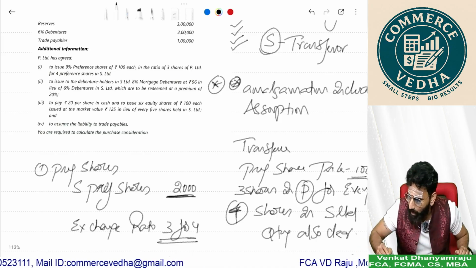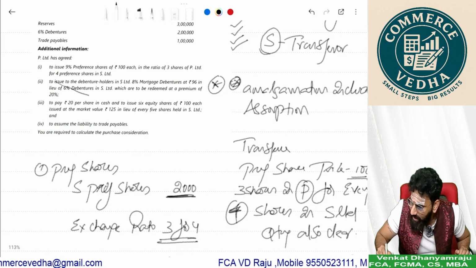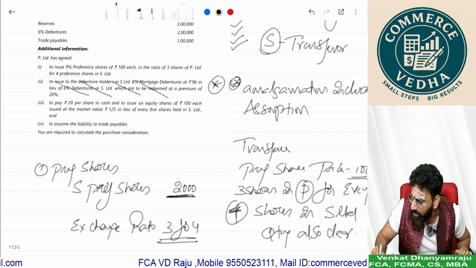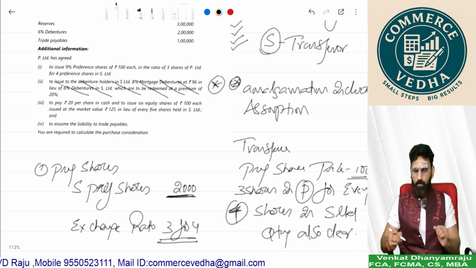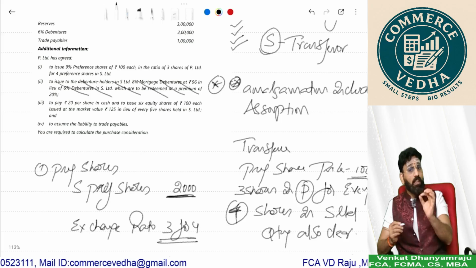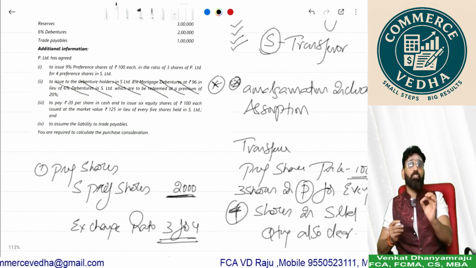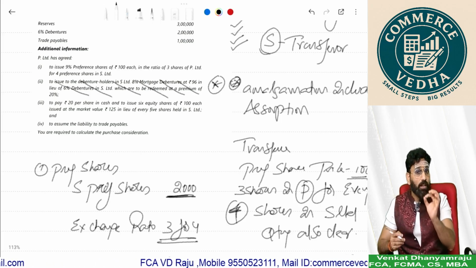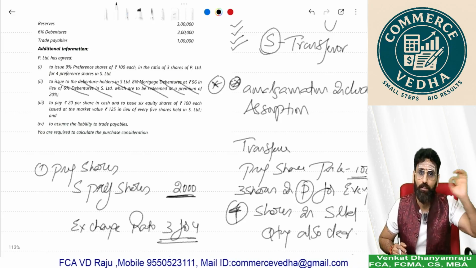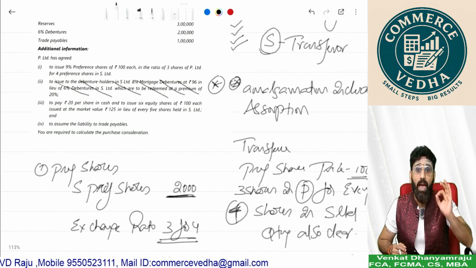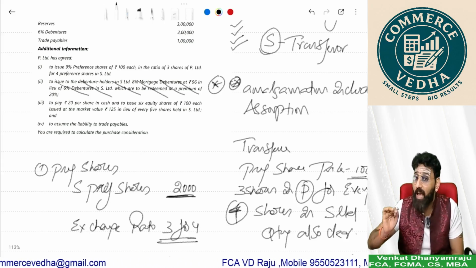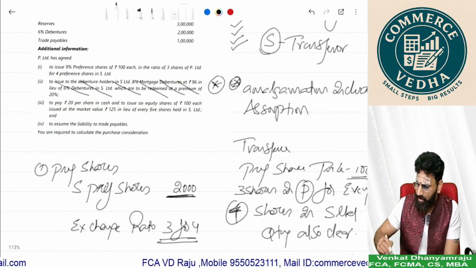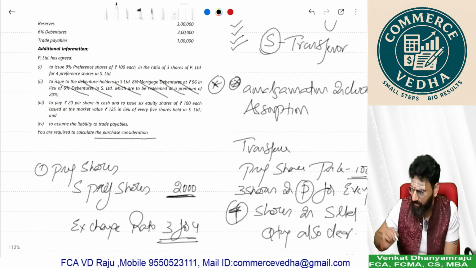So this point we straight away reject in the computation of purchase consideration. I don't need this point. Got it? The definition says any form of consideration paid to the shareholders of the transferor, the shareholders of S. So this is for debenture holders. I'm ignoring this point as of now because this question is only to compute purchase consideration.